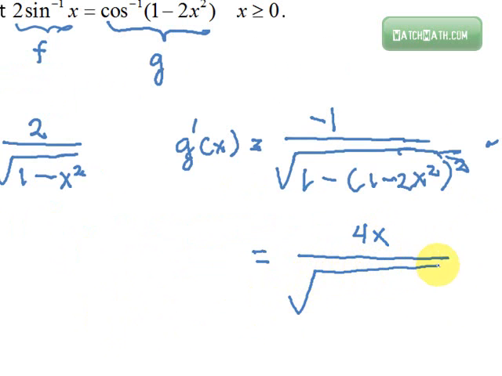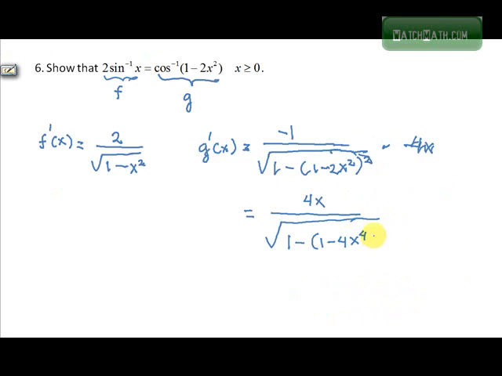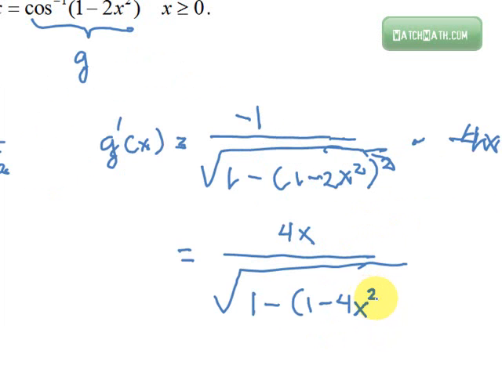divided by square root of 1 minus 4x to the 4th plus, this should be minus 4x squared plus 4x to the 4th.